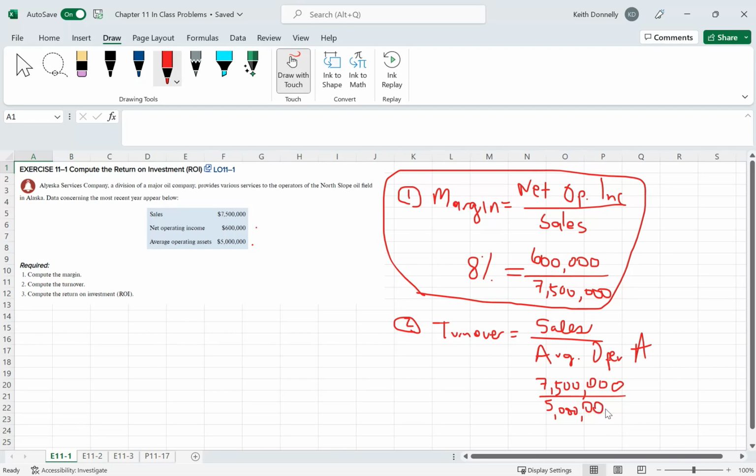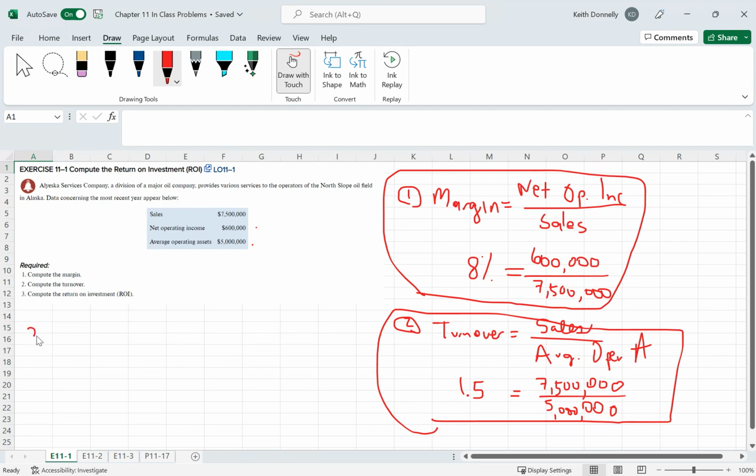So with that, the turnover is going to be 1.5. Nothing too hard so far.